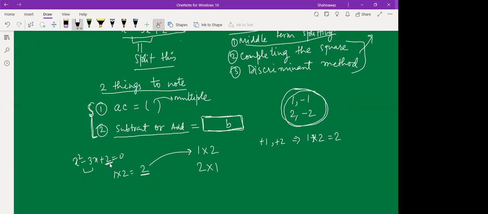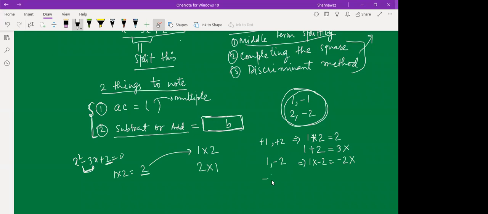But if you add these two, what will be the answer? 3, which is not here, right? So what will you take? Let's say you take 1 minus 2. What will be the multiplication? -2. Again, this is discarded, right?